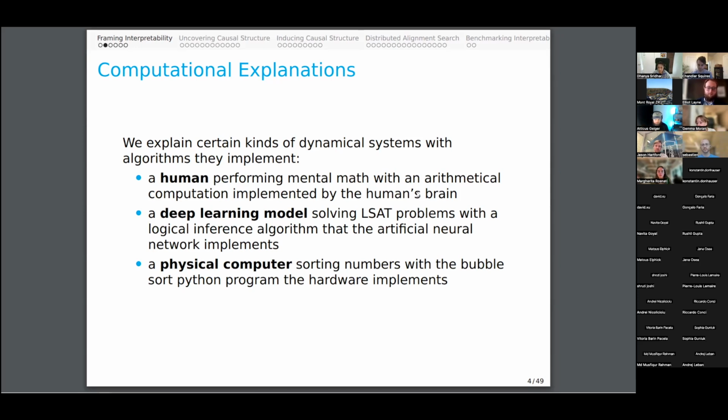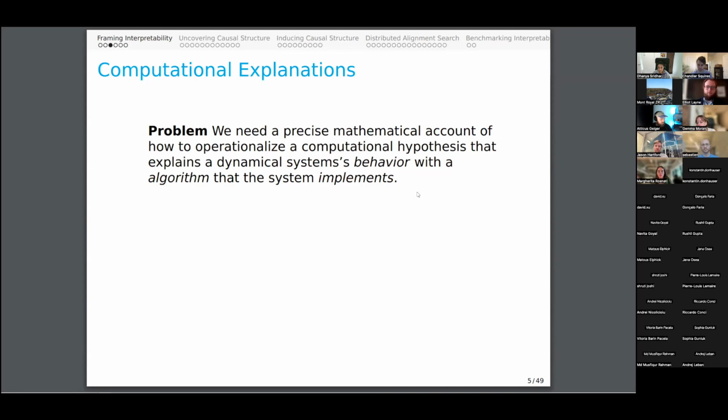The philosophical issue you initially confront here is that in cognitive science or AI or the philosophy of computation, there was never really an agreement on how to mathematically ground out this notion of an algorithm being implemented in some dynamical system.